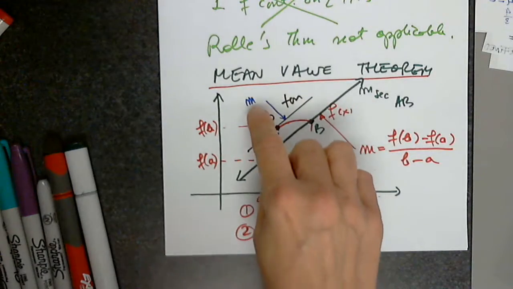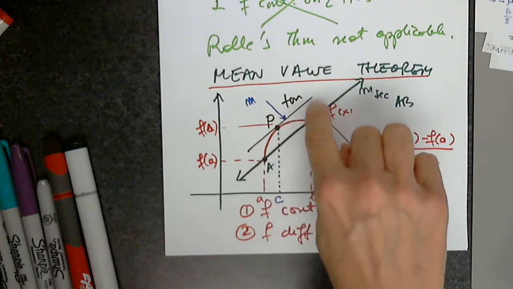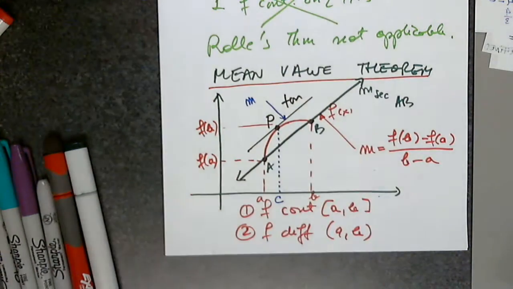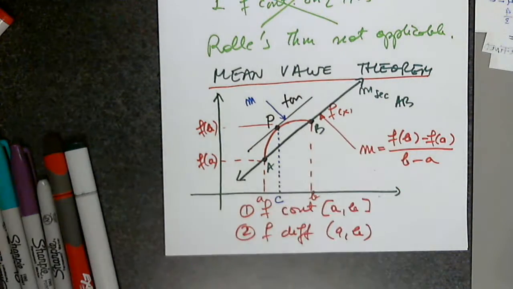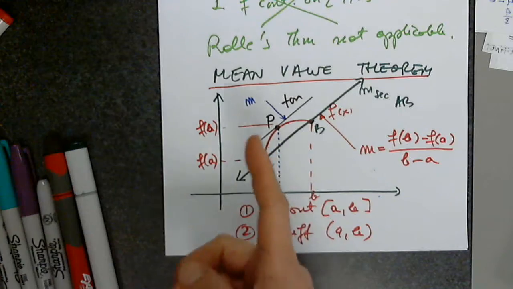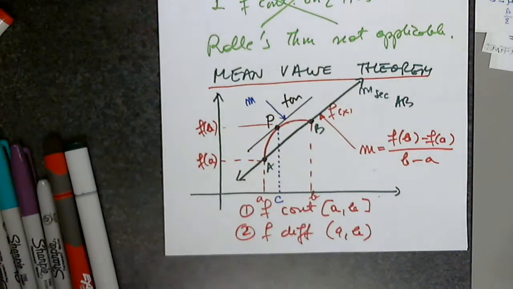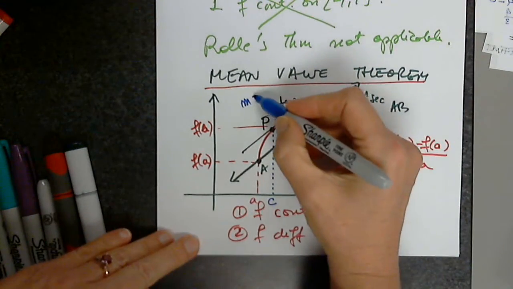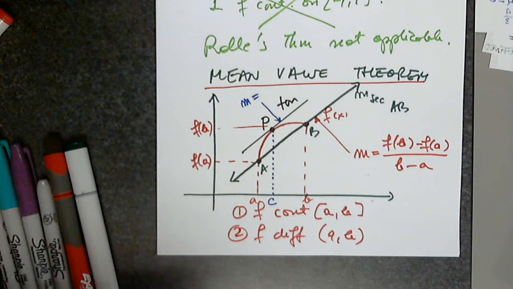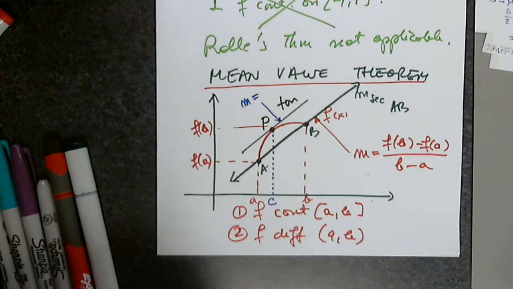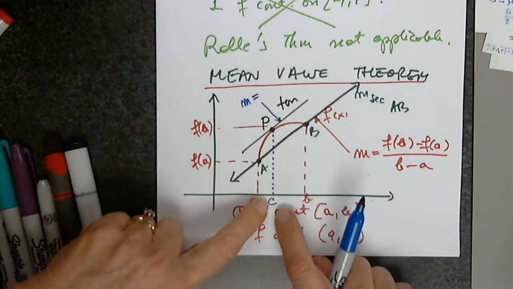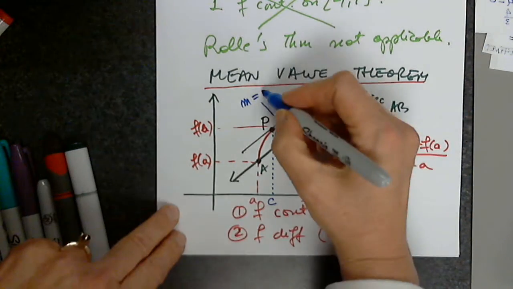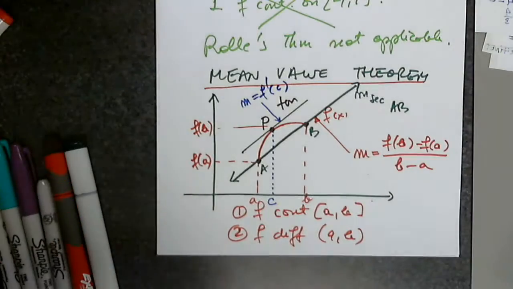Now I would like someone to give me the slope of this line, which is a tangent line, which has a lot to do with calculus. This one did not. So what is the slope of this line? F prime of C. Excellent.